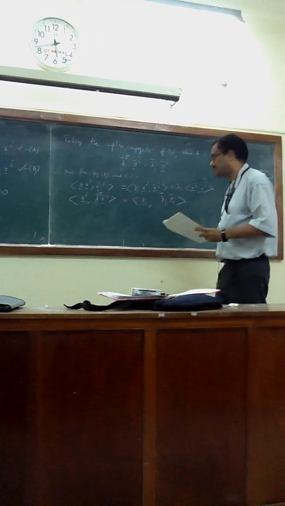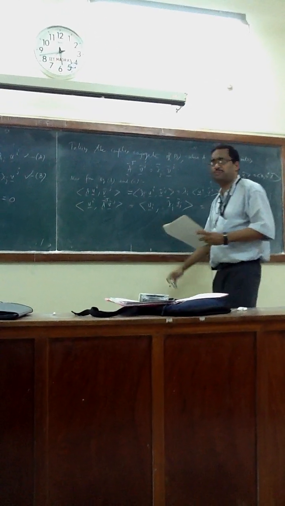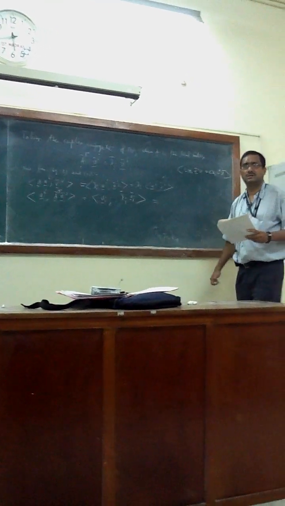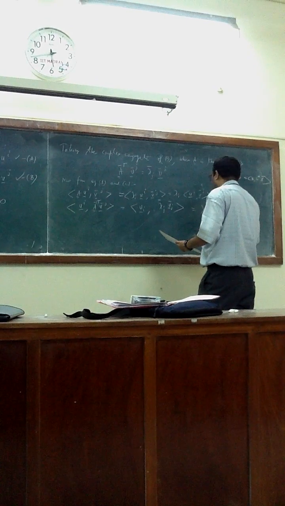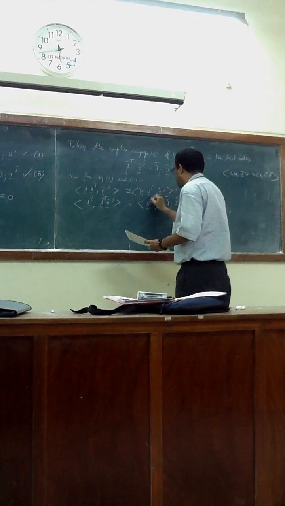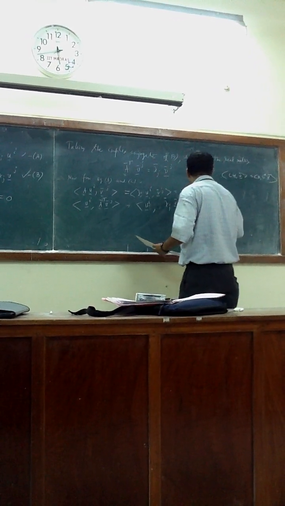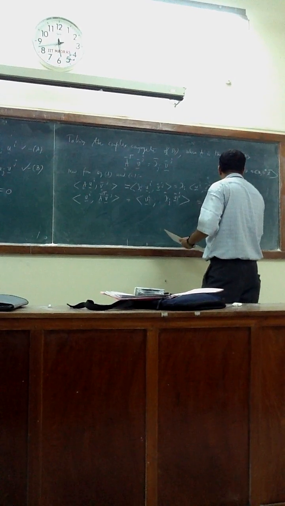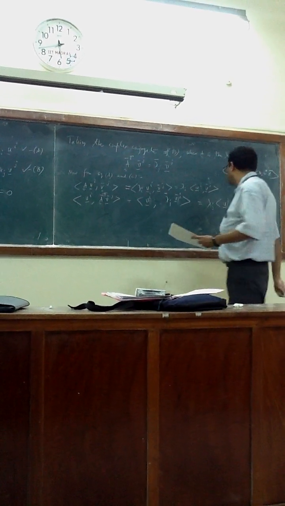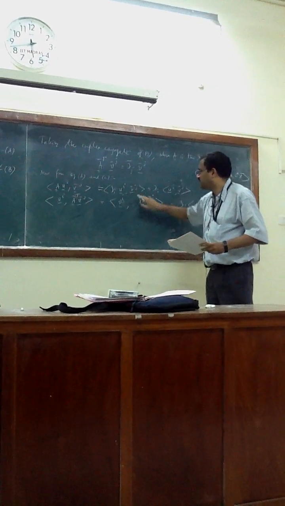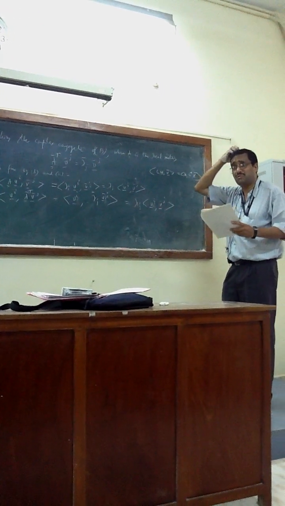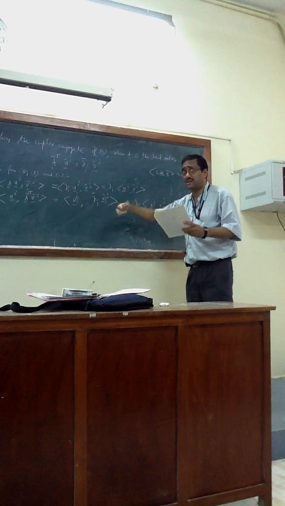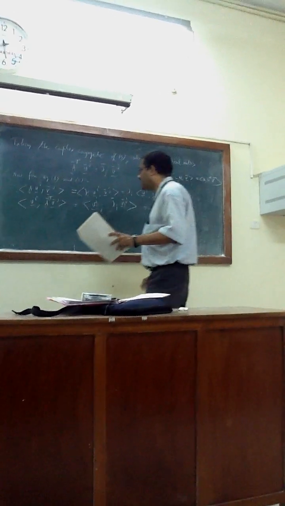Am I correct? Which will give, by the property of the inner product, lambda j times the inner product of Ui and Vj bar. Be consistent. This lambda j bar goes there and becomes lambda j, because the complex conjugate of lambda j bar is lambda j. So what will you get finally?